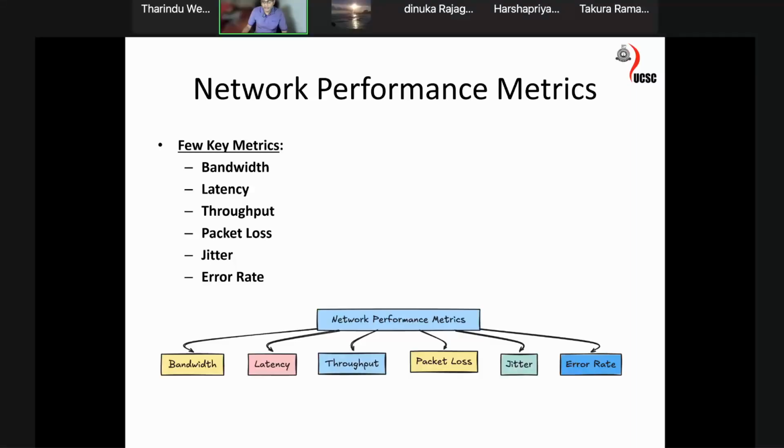It is more famous these days because of AI and machine learning workloads. I will explain how to design an ultra low latency network, or how to manage or troubleshoot a low latency network, after explaining these six key metrics. Okay, now let's start with bandwidth, and then latency, throughput, packet loss, jitter, error rate.